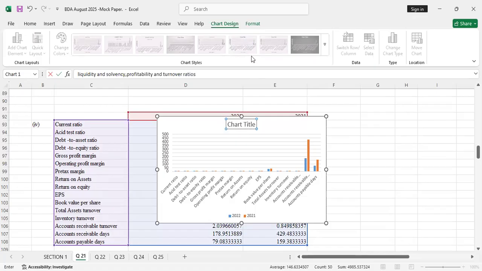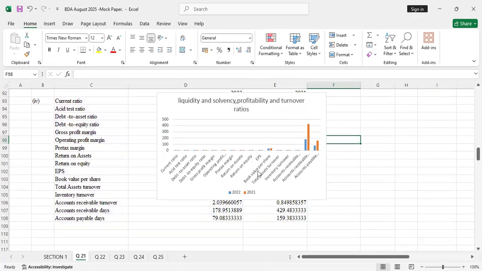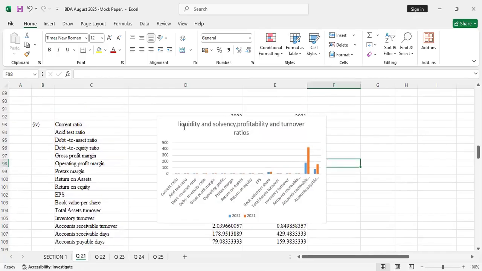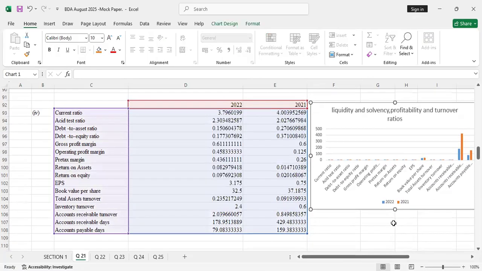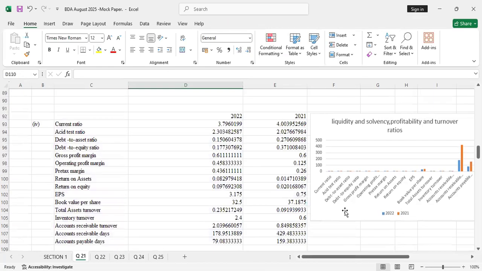Simple as such. Then you click. So once you click outside, it will be copied. So what you do, you drag this here so that the examiner can be able to see it.